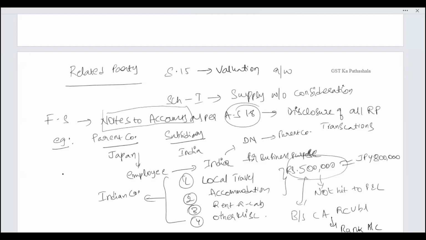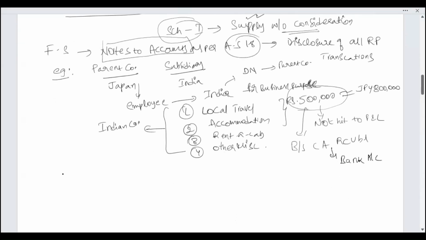Now, as per Schedule 1, they say that though there is no consideration, it is to be considered as a supply. That means the Indian entity has to raise a tax invoice on the parent company.